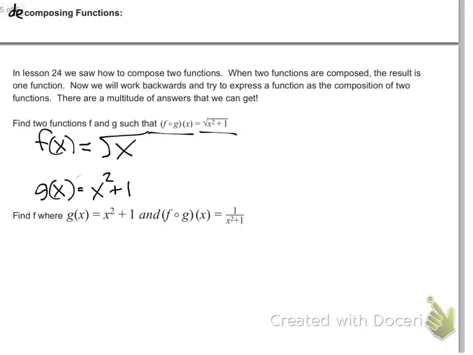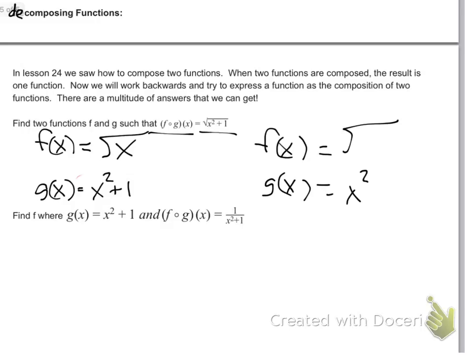That's not the only option for this problem. There's another slight variation I could take. I can say g of x is x squared plus 1. What happens if I just say it's x squared? What's the outside function then?